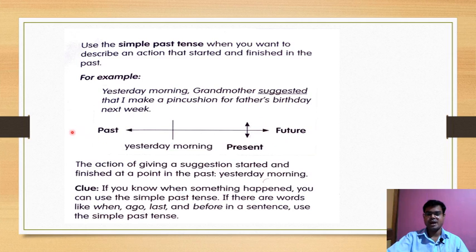The completed action is past action, what is going on is present, and the action yet to come, which has not arrived or not happened, is future tense. So the action of giving a suggestion started and finished at a point in the past, yesterday morning, correct?